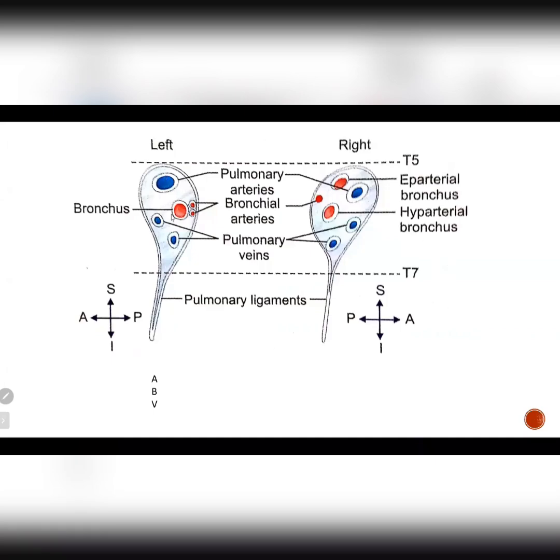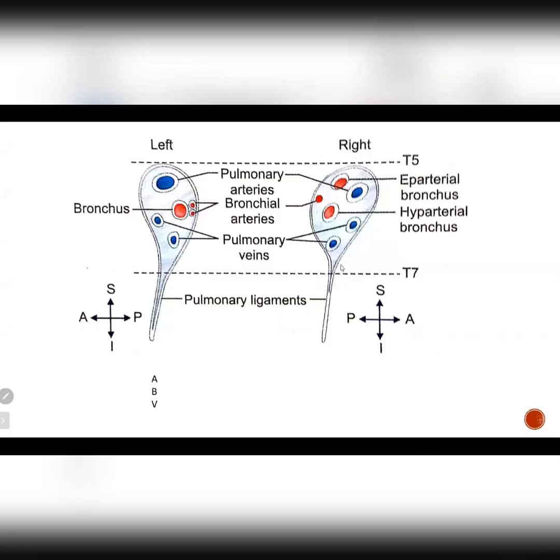So it's artery, bronchus, and vein. Then randomly placed are bronchial arteries. Even if you don't mention it as the main structures at the hilum, it is okay. It is a minor structure, so that is why we're not including it in the acronym. So please remember A, B, V for the left lung.